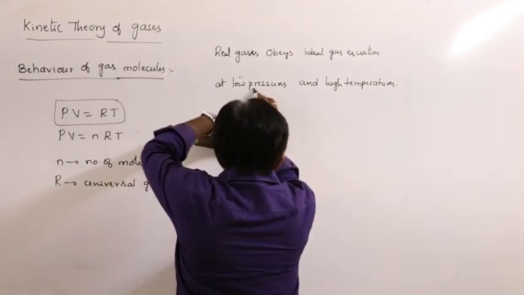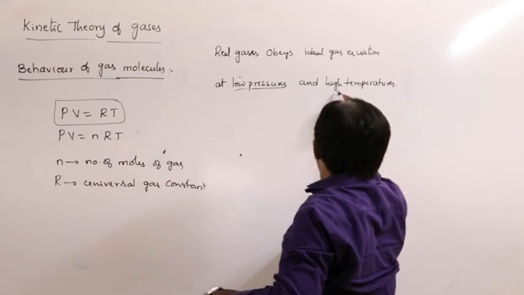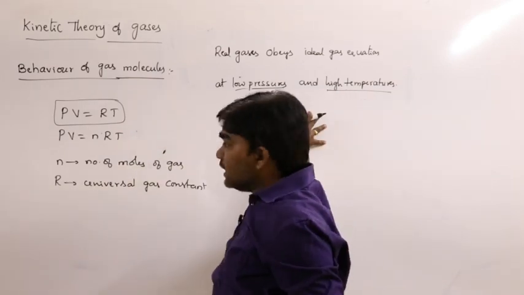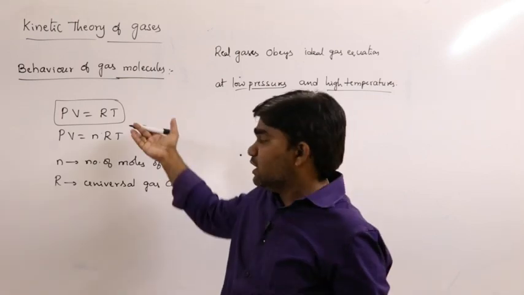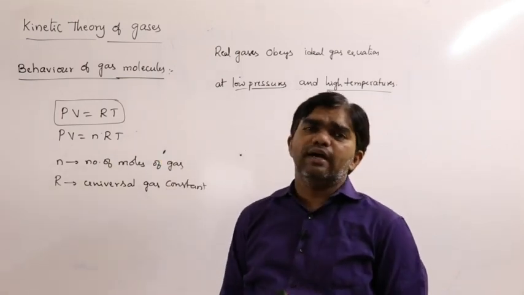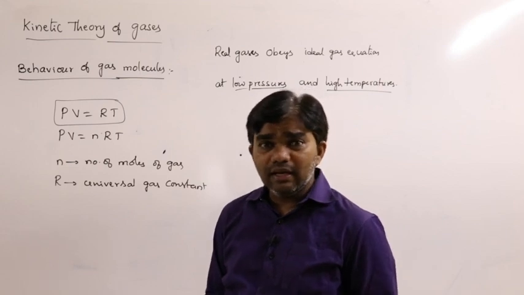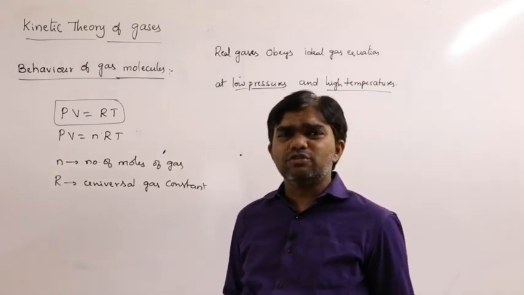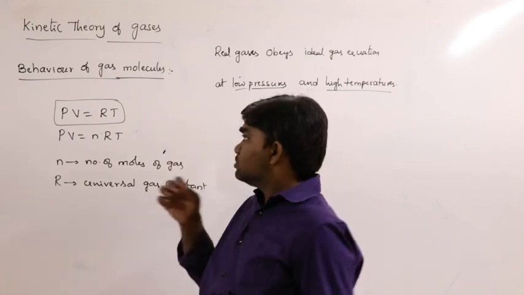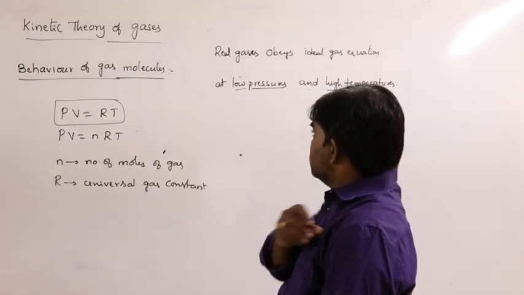If the gas is at low pressure and high temperature, then only do real gases obey this equation. But ideal gases obey this equation at every pressure and temperature. Really there are no ideal gases, but the nearest approach is hydrogen. That is the behavior of the gas molecules.